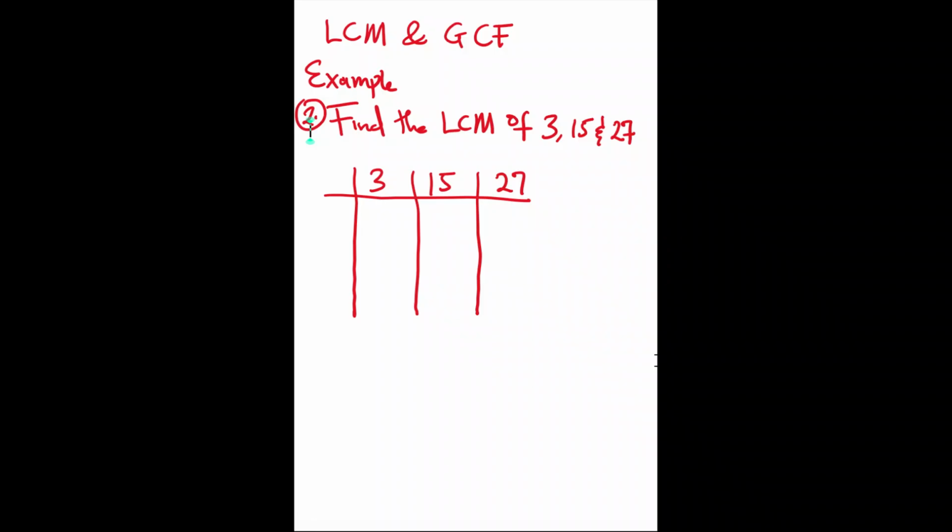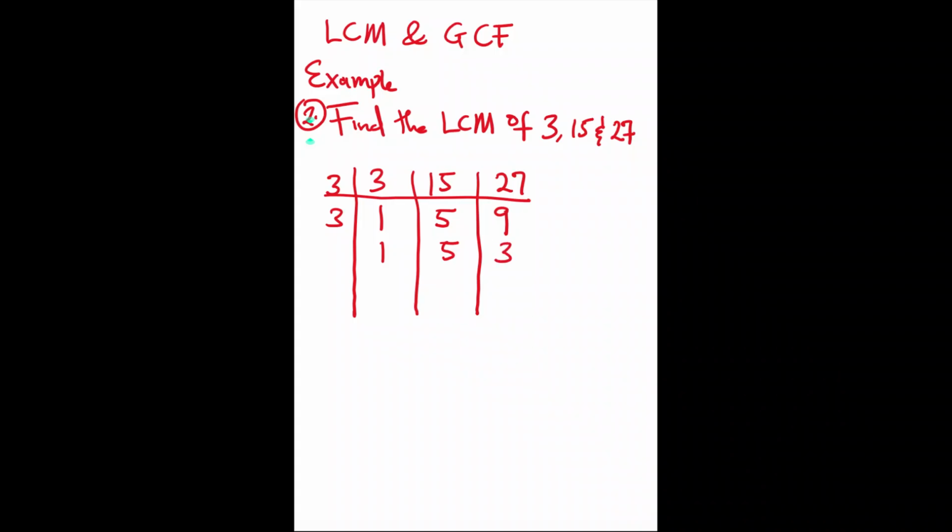We have example 2. Example 2 says find the LCM of 3, 15, and 27. 2 cannot divide any of these numbers, so we start with 3. 3 divided by 3 is 1. 15 divided by 3 will give us 5. 27 divided by 3 will give us 9. We can still go with 3 again.